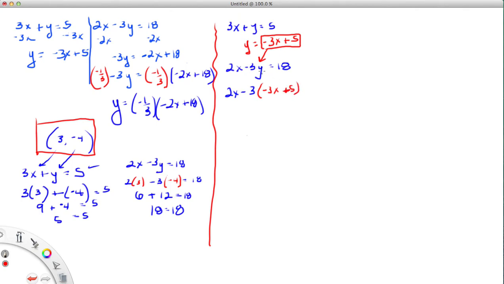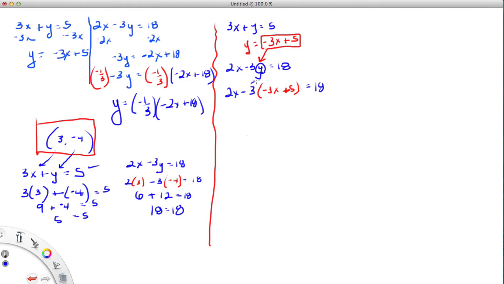All I did is I replaced the y with what y equaled from the first equation. That's it. And this is equal to 18. Again, I took this y out and replaced it with what y equaled from the first equation, negative 3x plus 5.